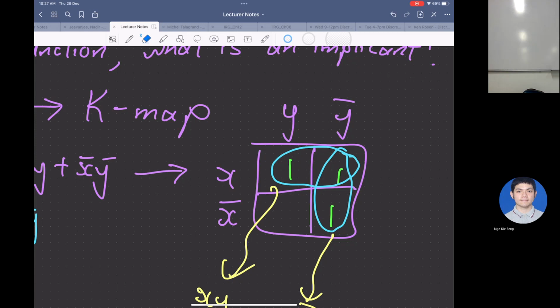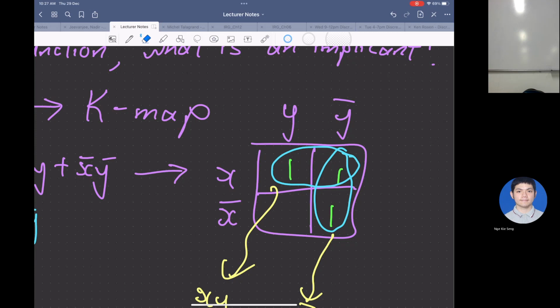It has to be prime to be essential. That's why it's called the essential prime. Otherwise, it can be called an essential implicant. So essential prime means it must be prime first and then essential. This is how they create this.